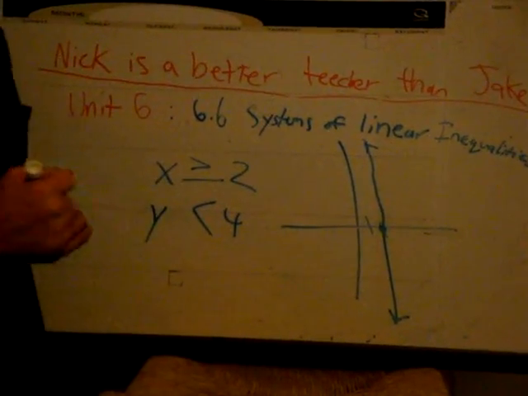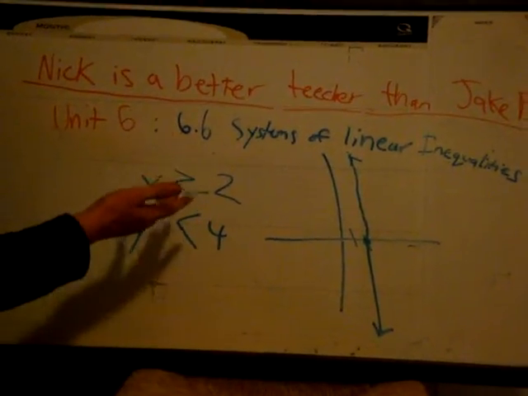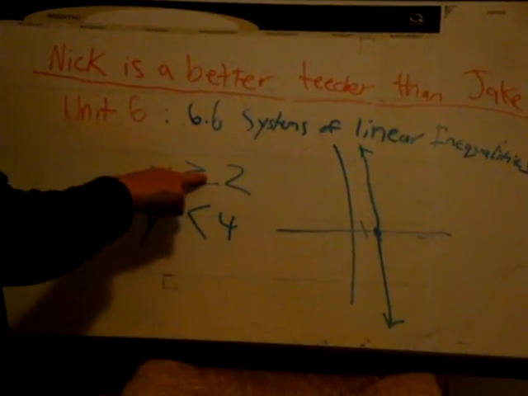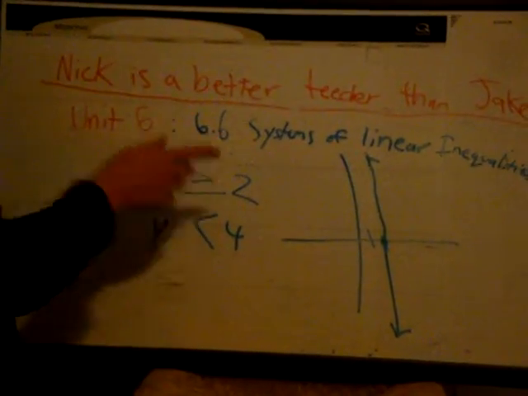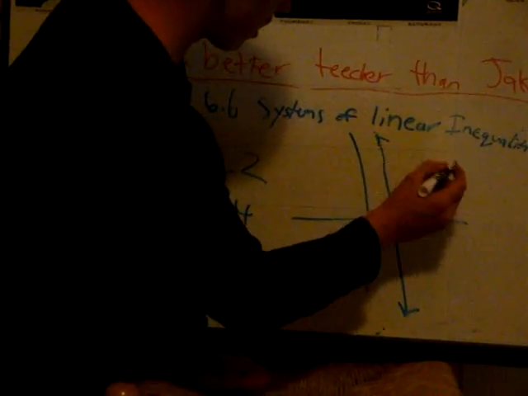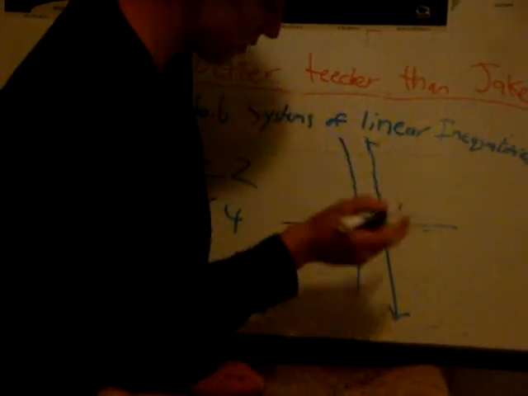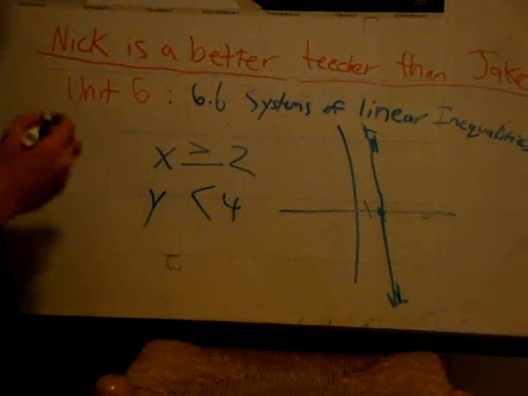The way I remember it is with a greater than or less than sign, whichever one it's pointing to, when it's just x and a number, that's the way you shade it. So it's pointing to the right, so we're going to shade the right. But we're not going to shade yet, we're going to make a note that we would normally shade this way.